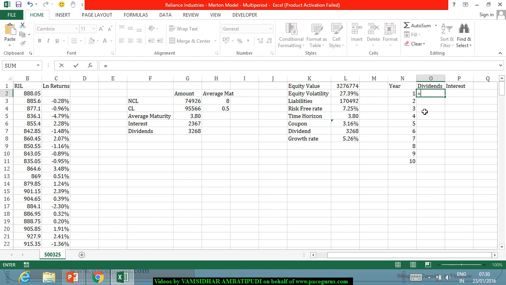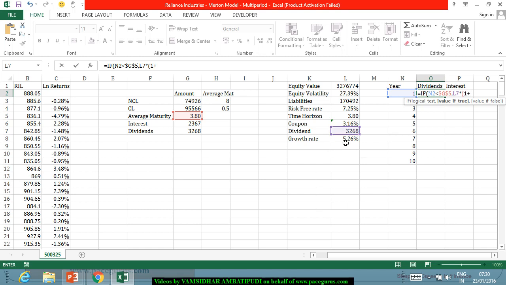So I can simply say, if this particular period is lesser than the maturity, then for that particular period, whatever is the dividend that is declared in the current period, I will increment it. I know that it is going to grow at the rate of the dividend growth rate.